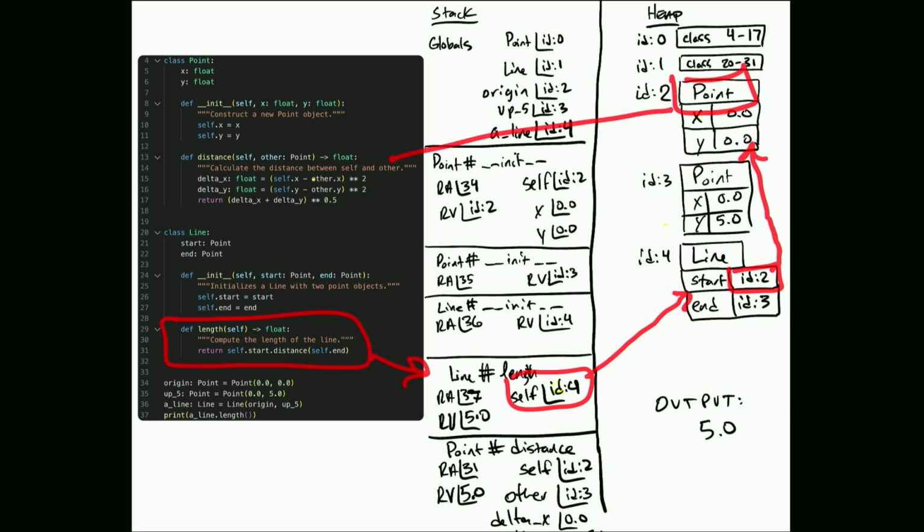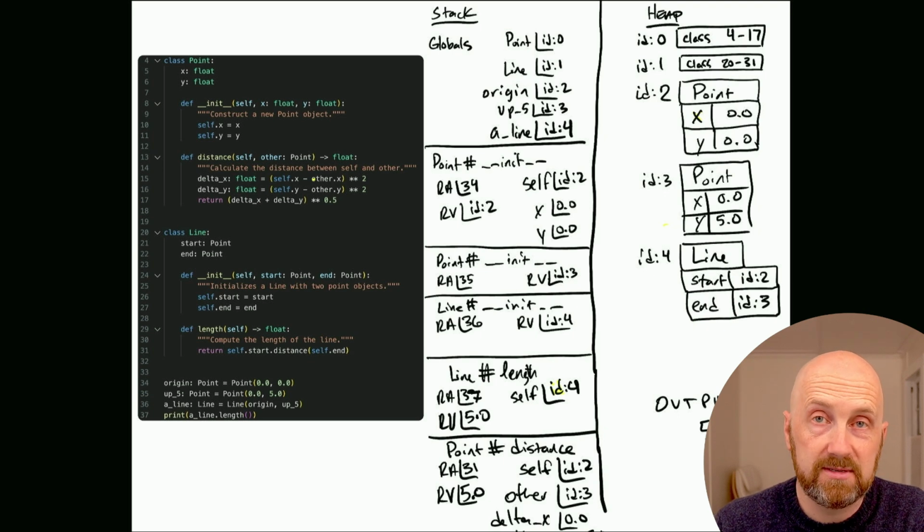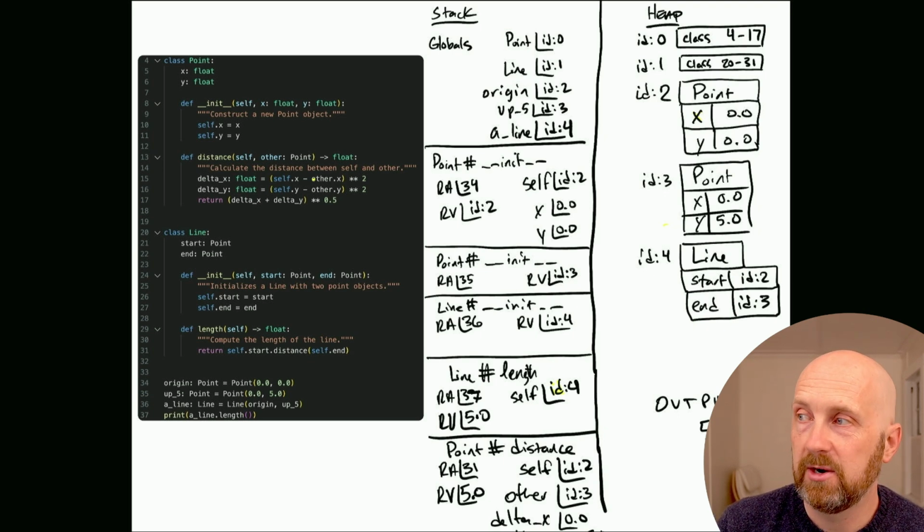So we can see, okay, yep, it has a distance method. We called that method and gave it access to the end attribute of this line. And so to call this method, notice we just needed to pass around this one thing. We didn't have to copy all of this data multiple times. And so this is one of the other reasons why references are how we pass around access to objects in our programs.